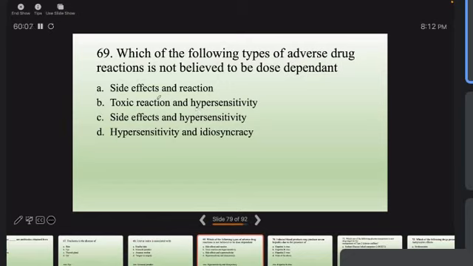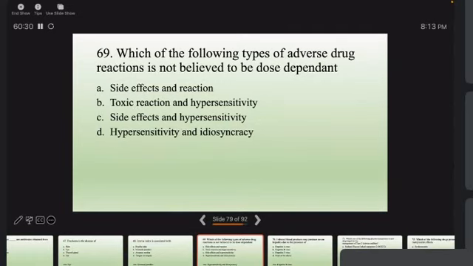For example, if you are giving a sulfa drug, sulfamethoxazole, to a patient, the patient may be allergic to sulfa drugs itself. So he or she may have a reaction or a side effect. That is for tolerance. So that is not attributed to dose.